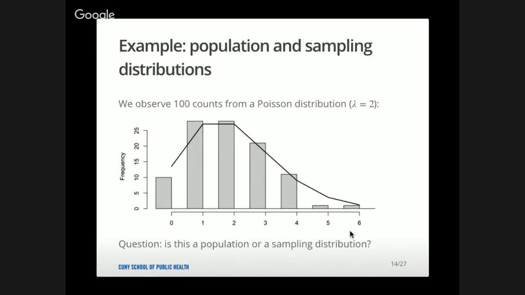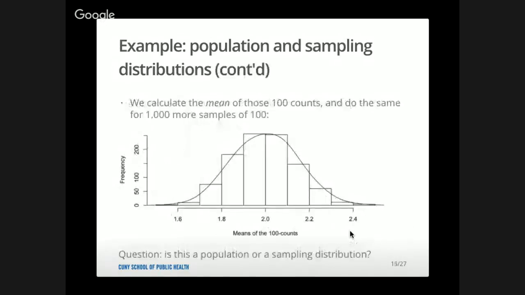Yeah, surprising, isn't it? It's very, very surprising, and I'm glad you find it surprising. We have a Poisson distributed population, but when we plot the averages, it's not Poisson. It looks Gaussian, normal.